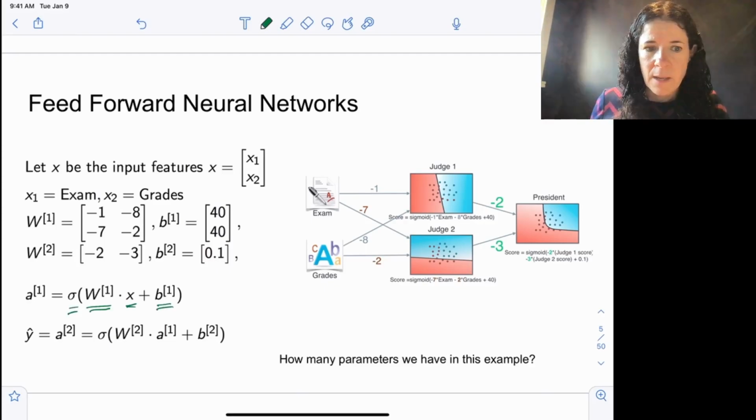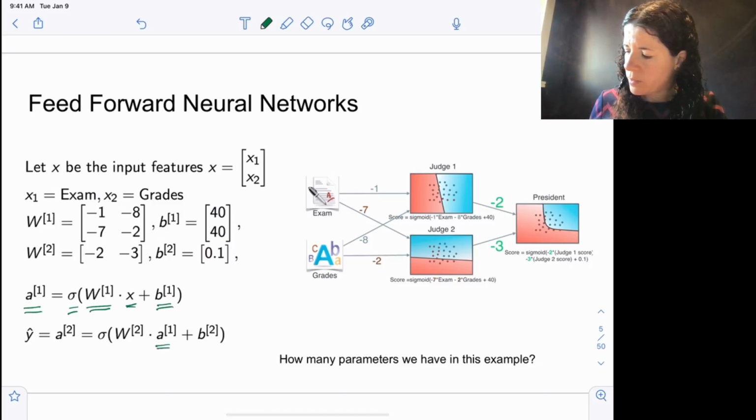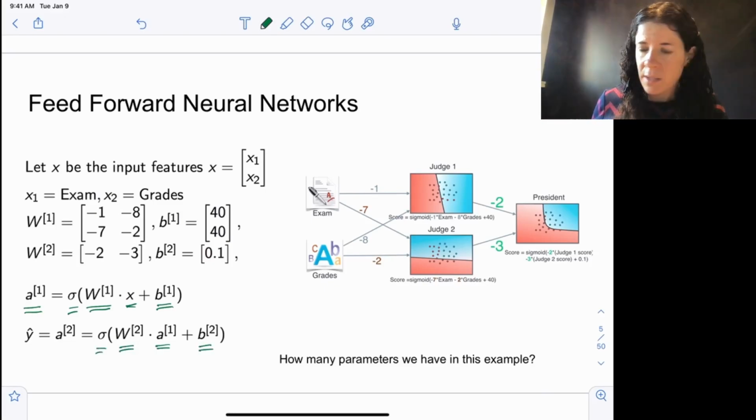That gives us something that we call A1. Then we take A1, multiply by a matrix, in this case it's a vector, sum a bias, and take the sigmoid of that, and that is called A2. And that's also our prediction.